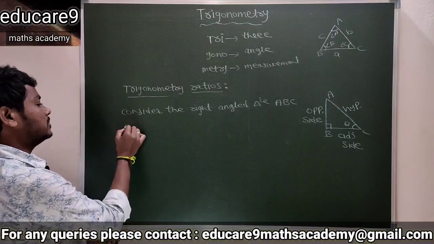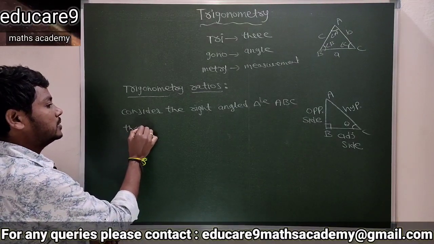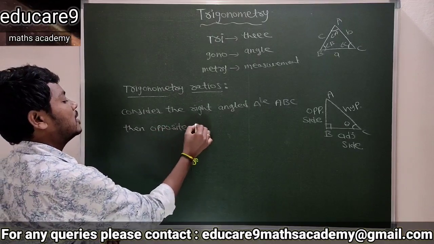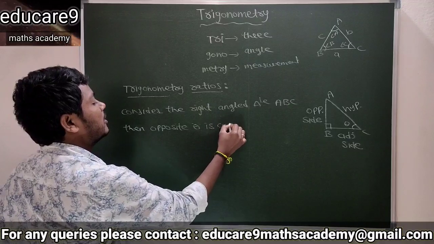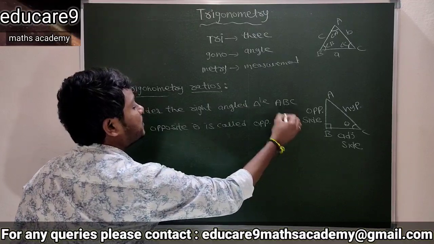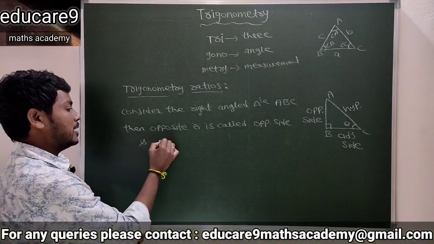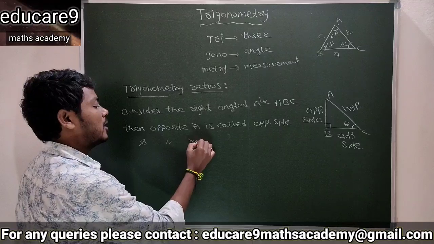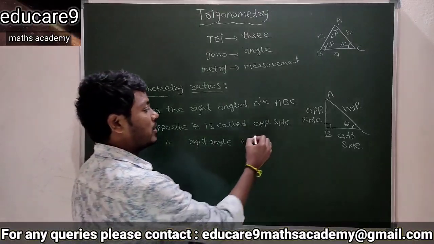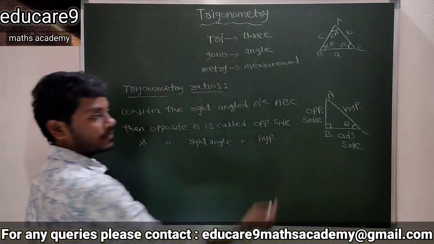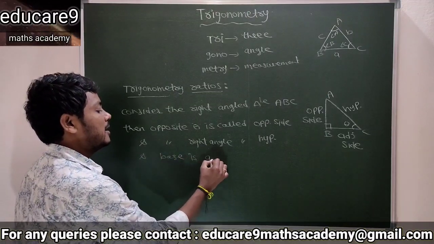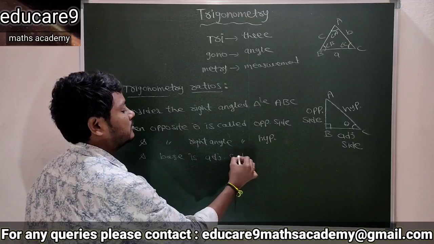So then, opposite to theta is called the opposite side, opposite to the right angle is called the hypotenuse, and the base is the adjacent side.